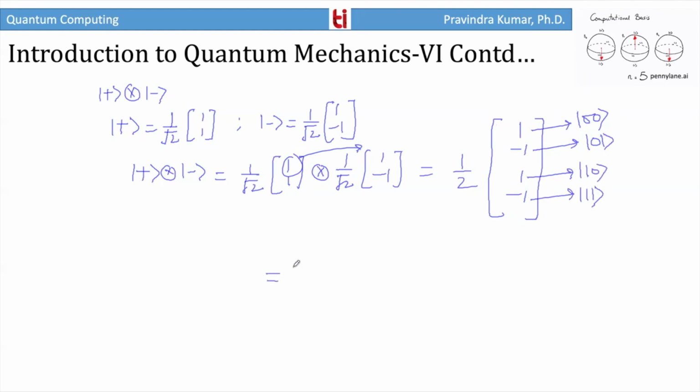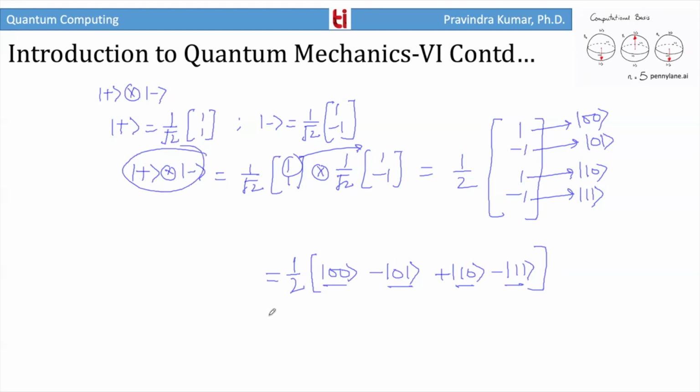So I can write this tensor product as 1/2, and this has four quantum bases: 1/2 (|00⟩ − |01⟩ + |10⟩ − |11⟩). The probability amplitude of |01⟩ and |11⟩ is minus 1. So that's why there is a minus sign here.